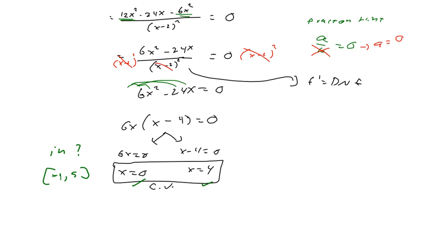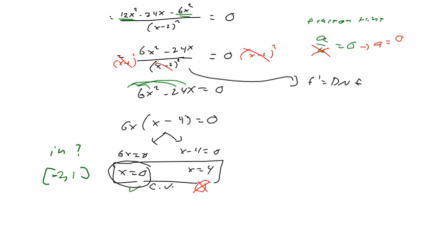So in that situation, -2 to 1. 0 is okay, but 4 is not. Outside the range, so the only one we care about is the 0. So we're going to ignore that 4.